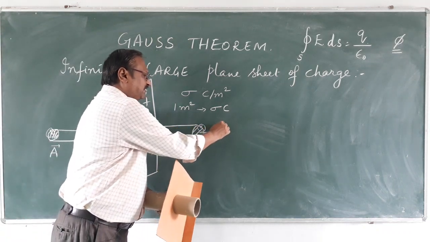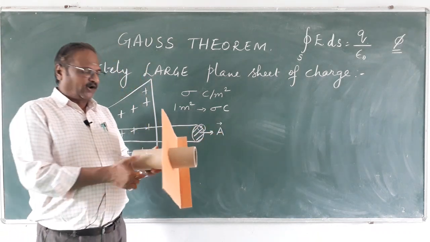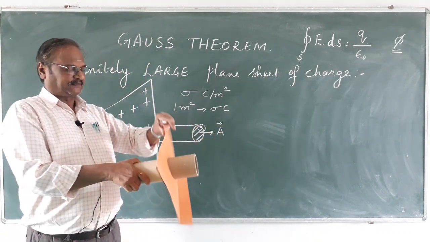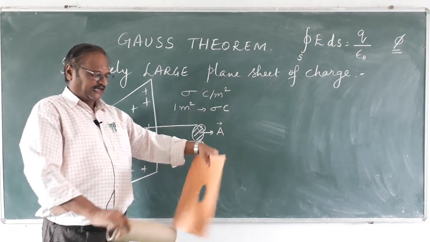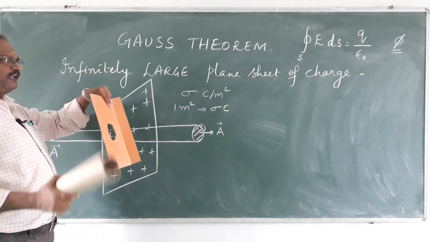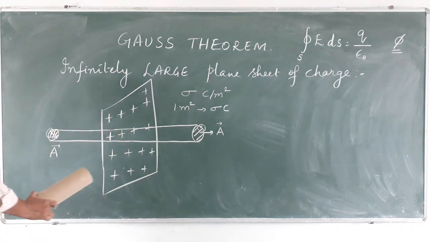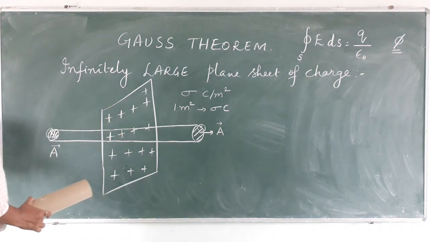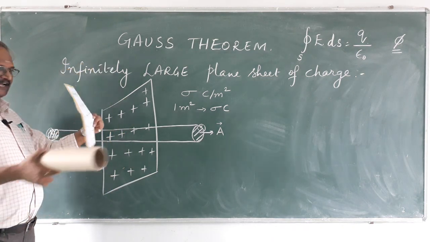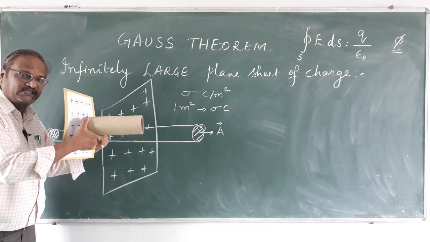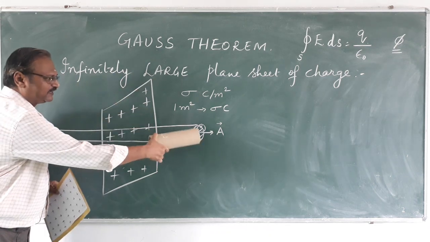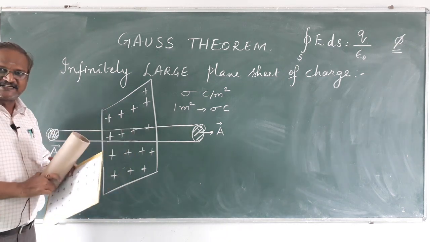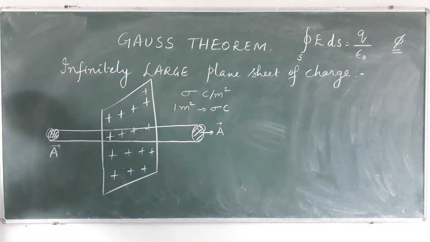I hope you understand now the concept of why I am choosing the cylinder. For example, I am taking this part out now, right? And you see, this is an infinitely large sheet of charge, and I have taken this as a Gaussian surface, and the Gaussian surface on both sides is going to be with the area A, and a cylinder is the surface I have taken.